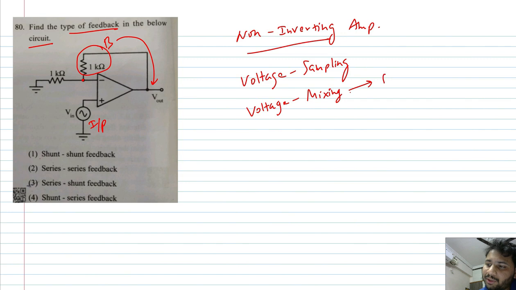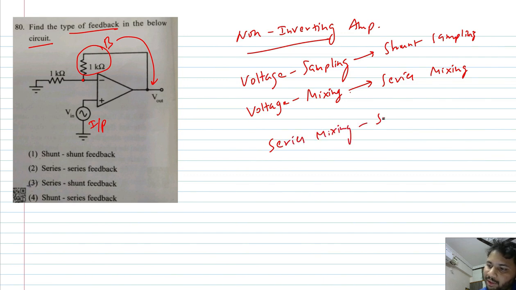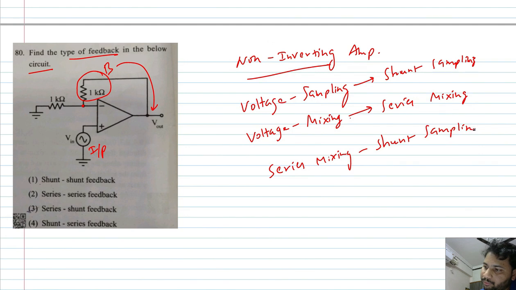So voltage mixing is also called series mixing. Voltage sampling is also called shunt sampling. Now the same feedback can be called as series mixing, shunt sampling.